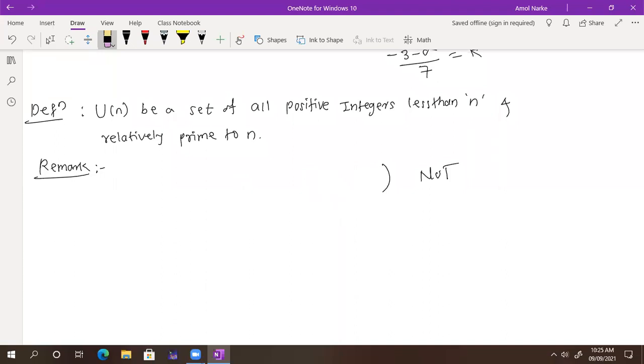Now what are they saying? Such a set forms a group under multiplication. What is Un? Tell me, what is U3? 0, 1, 2.